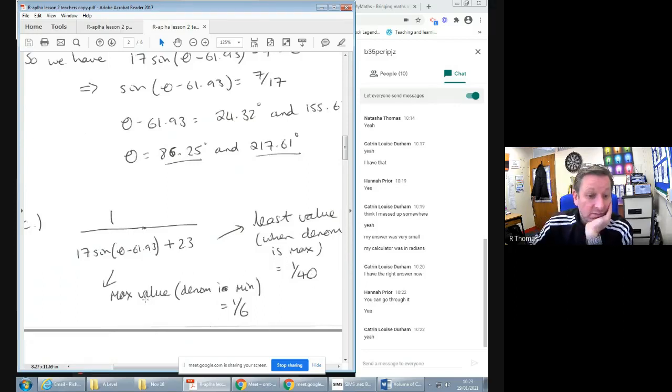The maximum value is when the denominator is at its smallest. And the smallest value sine or cos can have is minus 1. Right? So if this came out as minus 1, I would have minus 17 plus 23, which is 6. So the maximum value it can have is 1 over 6. Does that make sense to anybody out there?